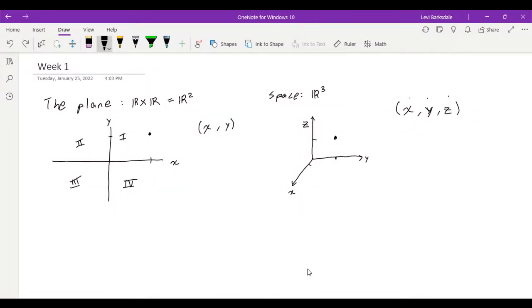In R3, rather than the quadrants, we have what are called octants, because there are 8 octants. You can think of it as, if we have the origin, we're going to have cubes. It's really hard to draw, but you can imagine almost 4 boxes stacked on top of each other twice.